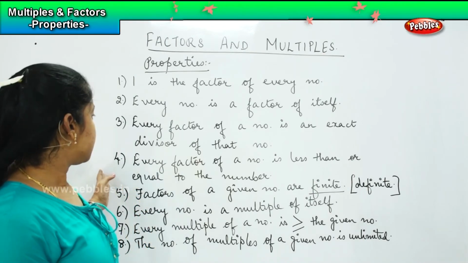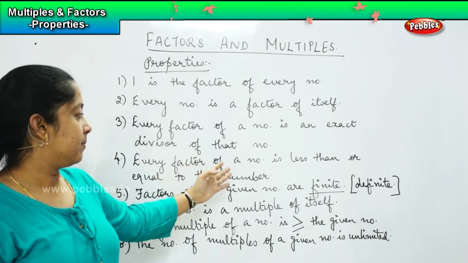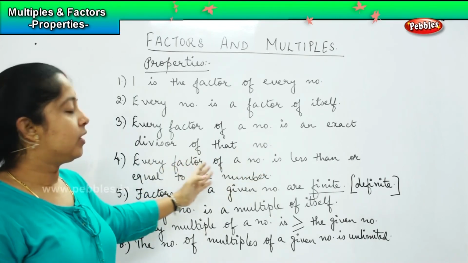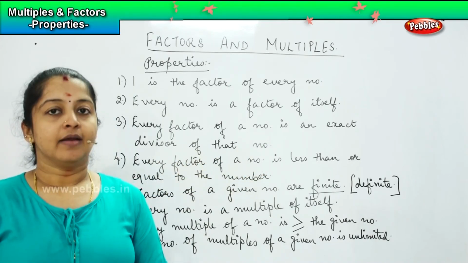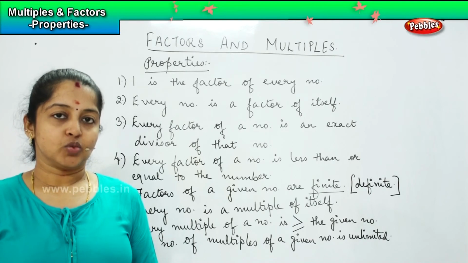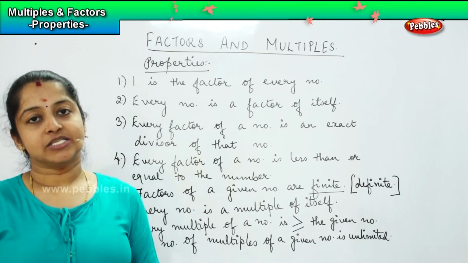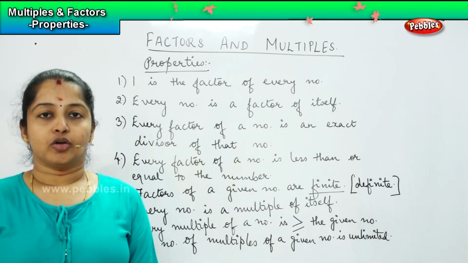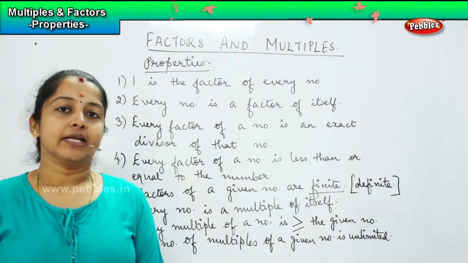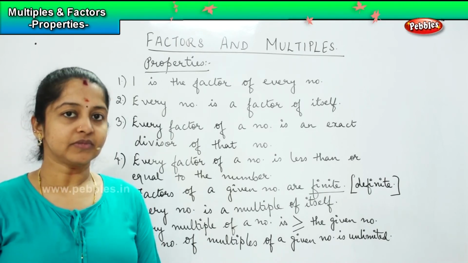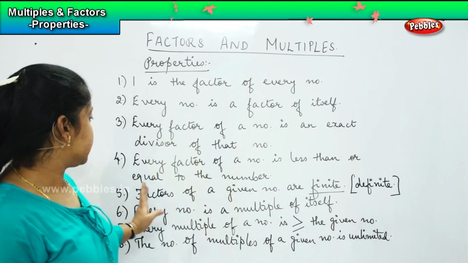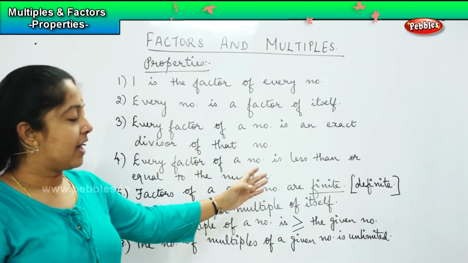Clear? The next one says every factor of a number is less than or equal to the number, which means that the factor value which we have will be either less than or equal to the product obtained. It shall never be greater than the given number. Clear? The next one says factors of a given number are finite.